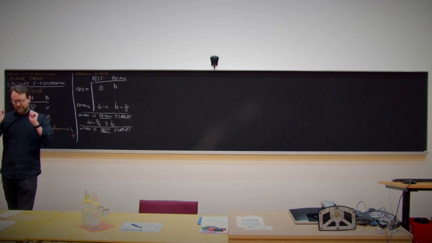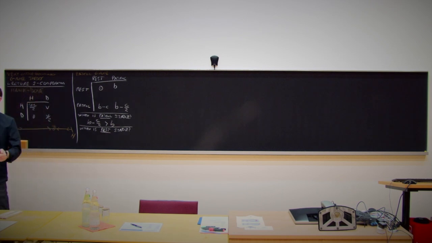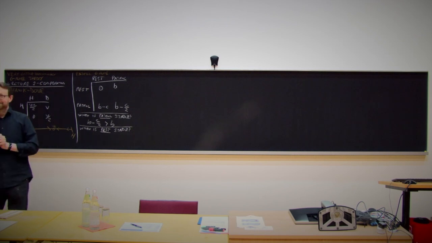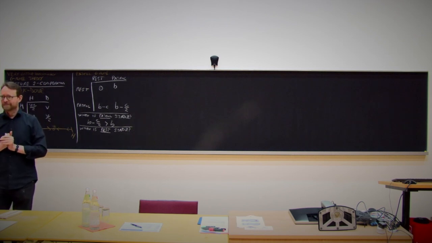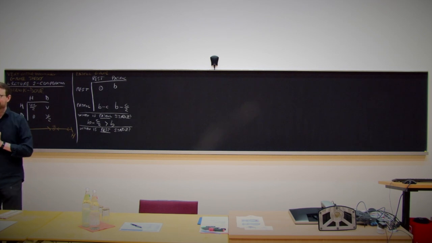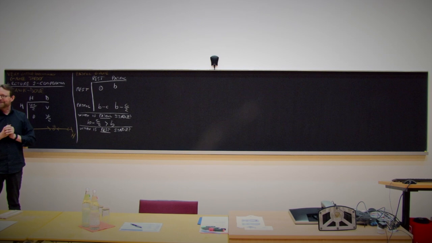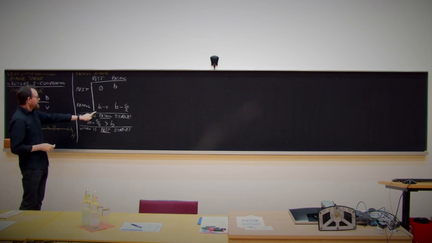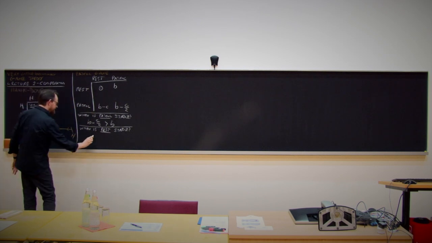You're comparing the common strategy against itself to the rare strategy against the common strategy, because the rare strategy doesn't meet itself. At least not yet. That's the second half of today's lecture, but I'll show you when the rare strategy meets itself. But that's coming later. So rest against rest is 0.